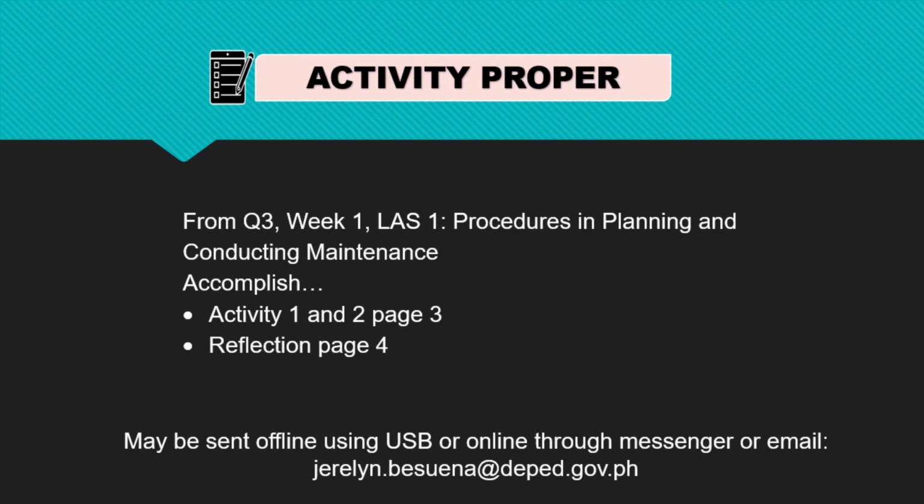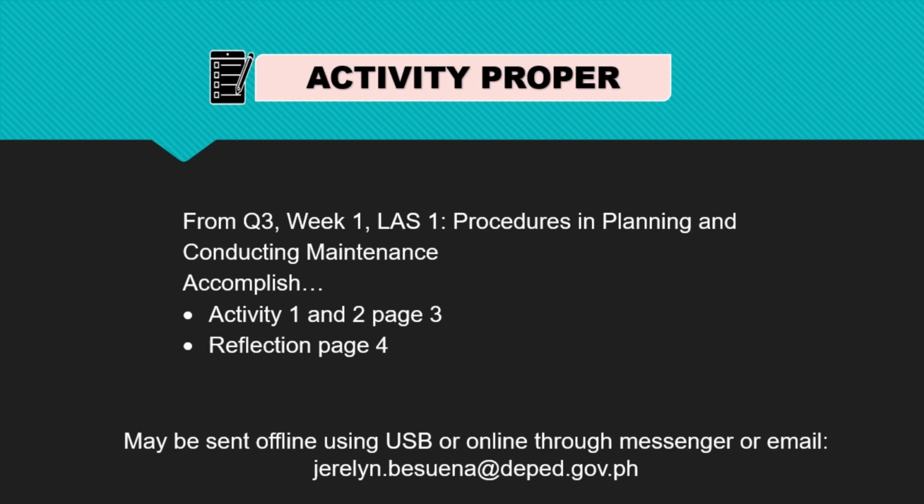And I think you are ready for more activities. So it's now time for your activity proper. Refer to your Quarter 3 Week 1 learning activity sheets entitled Procedures in Planning and Conducting Maintenance.